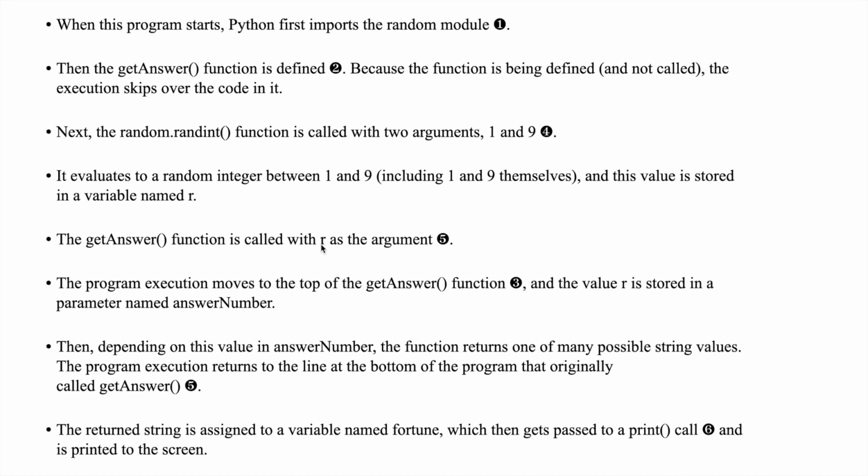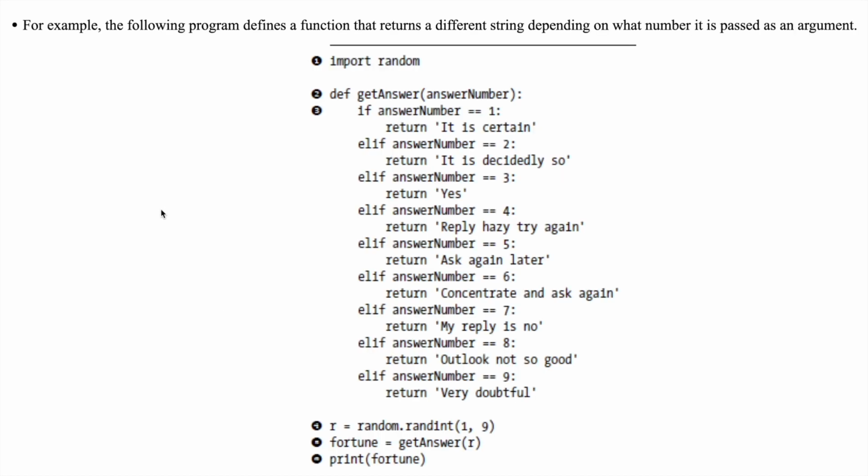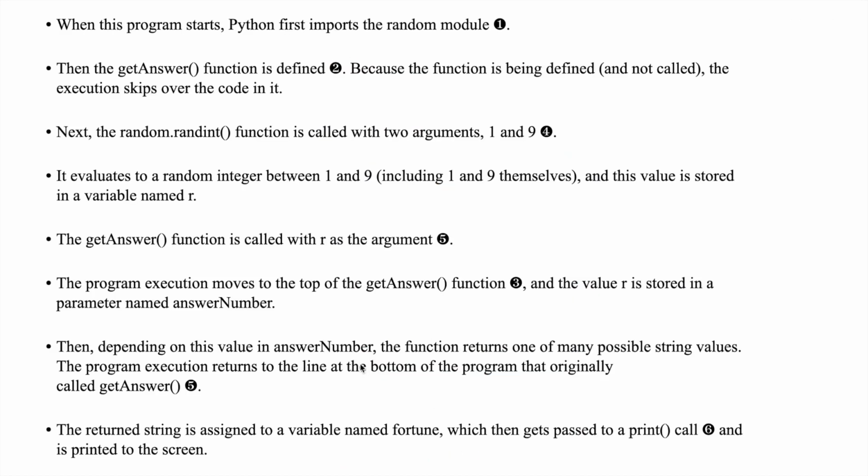It evaluates the random integer between 1 and 9, and the value is stored in a variable named r. That integer will be generated and stored in the variable r.